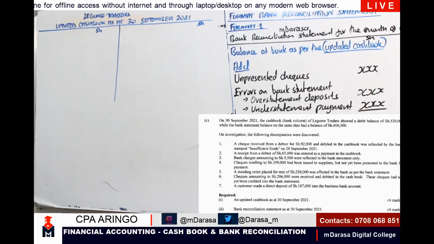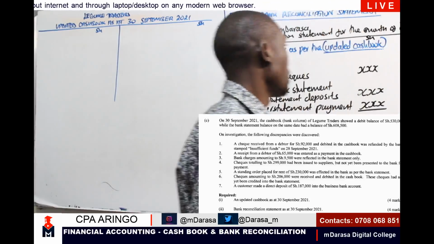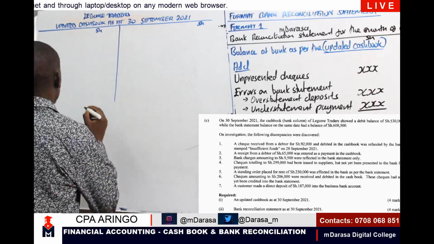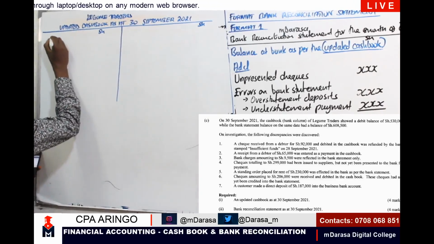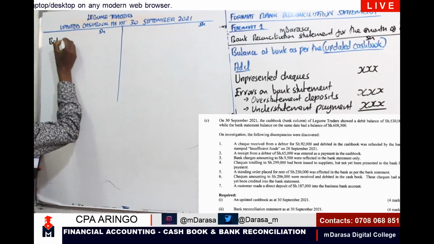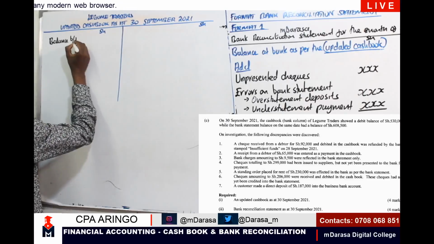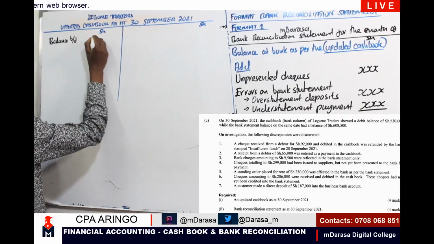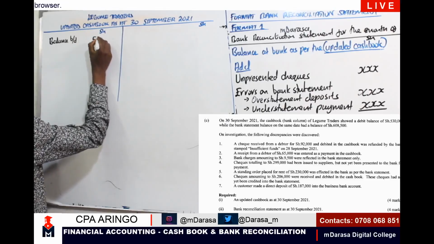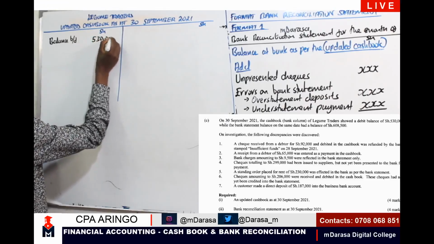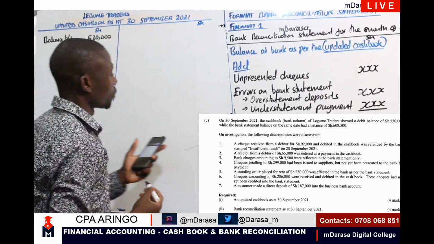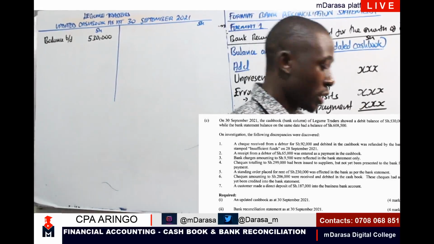On 30th September, the cash book bank column of Legume Traders showed a debit balance of 530,000. So I'm having balance brought down here, a figure of 530,000. That is what I'm given.